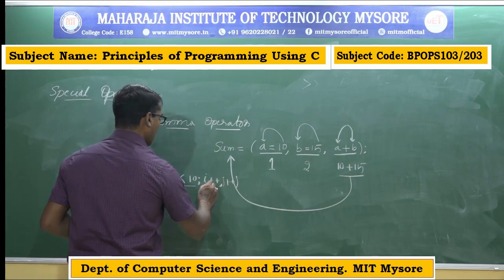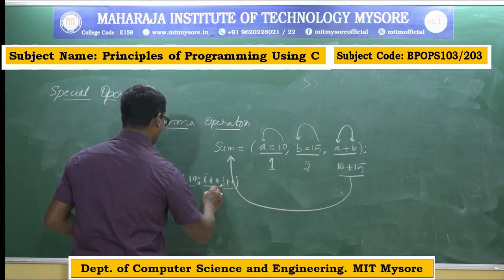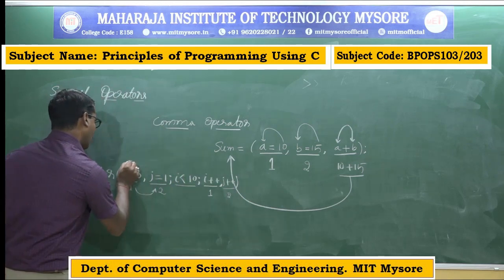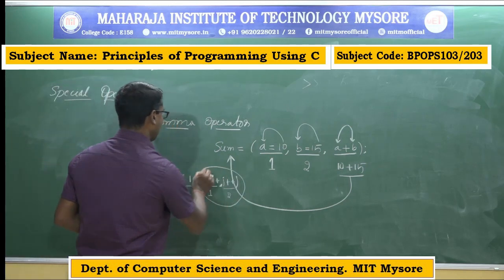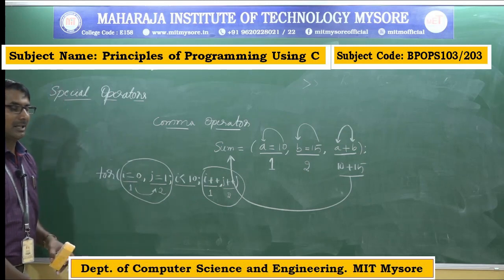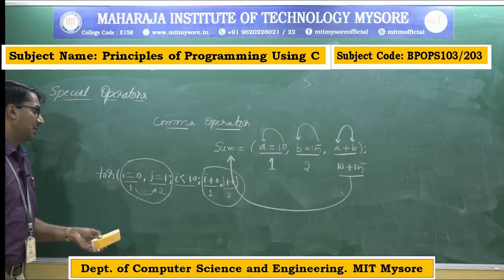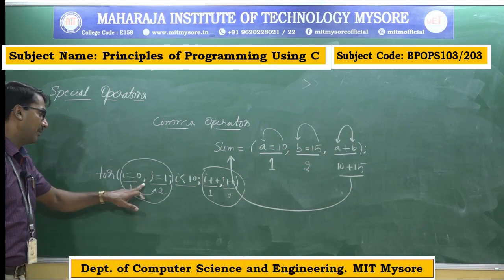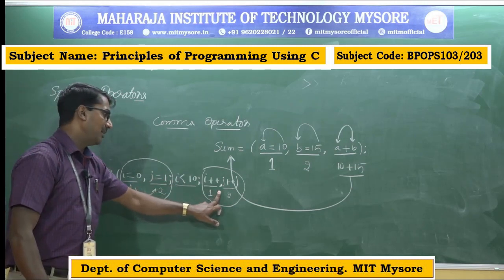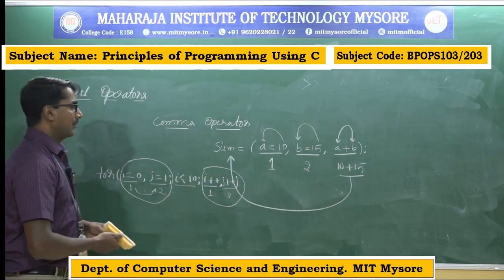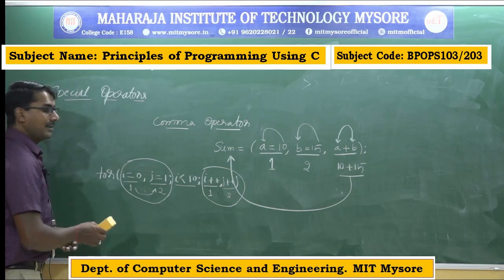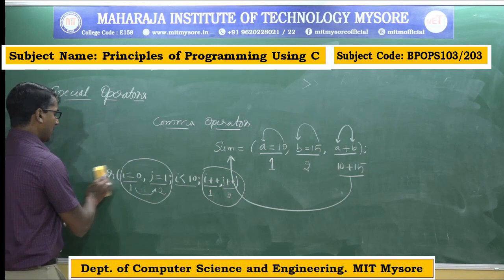After the loop body, i will be incremented by 1 and j will be incremented by 1. Again i plus plus is performed first, later j plus plus. So these two expressions are initialization, and these two expressions are increment operations. Here the related expressions are separated by comma. Initialization is separated by comma, and similarly increment is also separated by comma. So this operator is mainly used for providing a link between related expressions. That is about the comma operator.